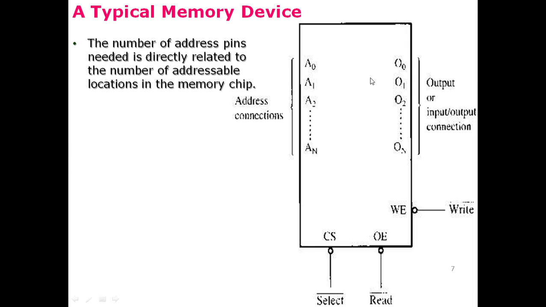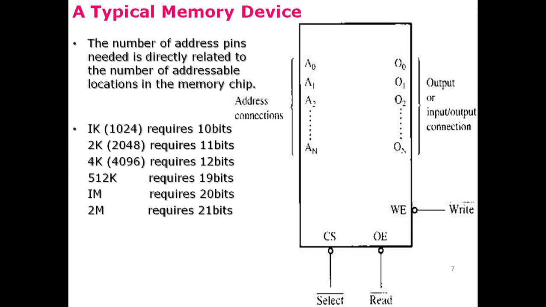For example, if each location here has the capacity of storing 8 bits, then there will be 8 output pins, so that 8-bit data may be read or written at each location. As I said, the number of pins and the number of locations inside the memory chip are directly related to each other.